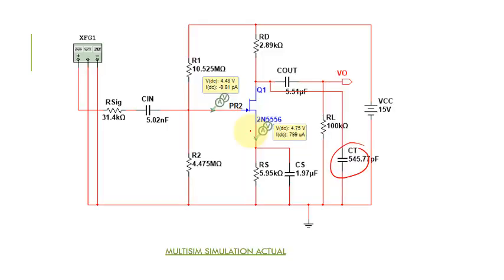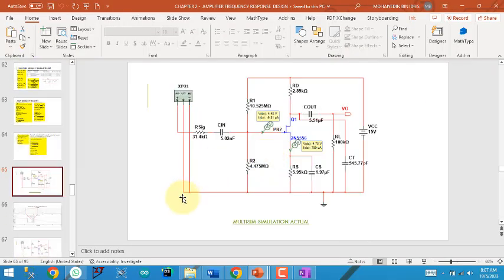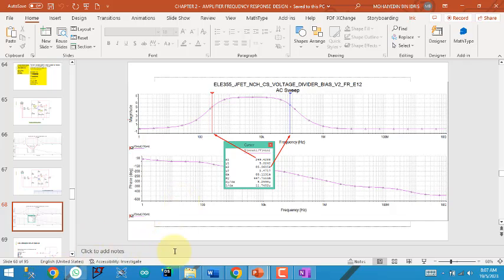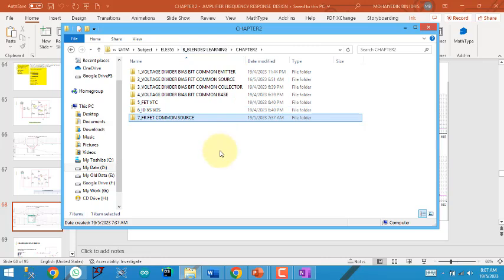Okay, so we draw all of this circuit by using LTspice. So we have this common source FET circuit.